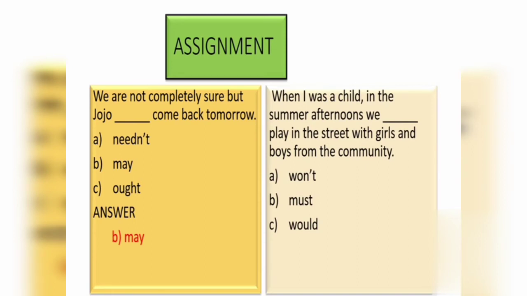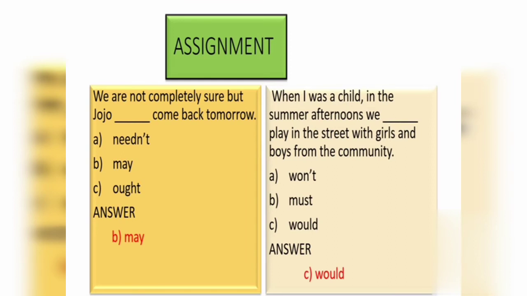When I was a child, in the summer afternoons, we dash play in the streets with girls and boys from the community. And we have the options here: won't, must, and would. So let's look at our answer. The answer is would.